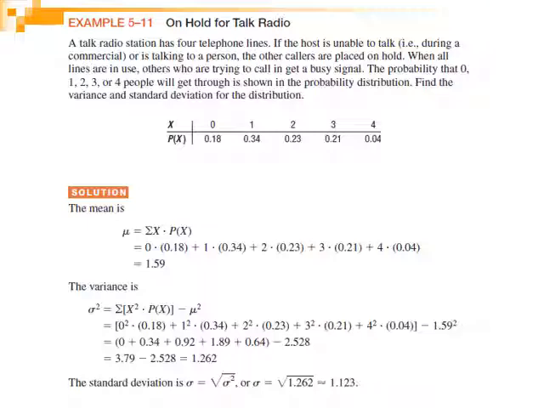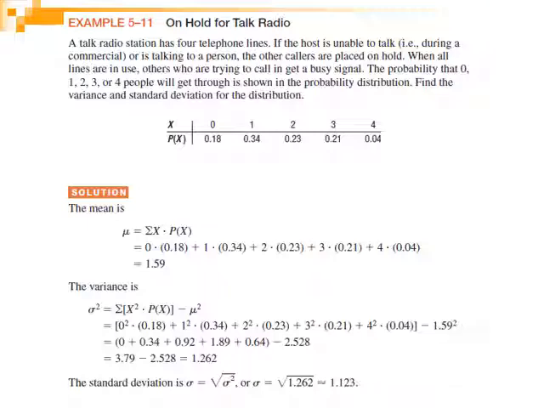Find the variance and standard deviation for the distribution. Here we have the table that represents each outcome and the associated probability. This example refers to a radio station that has phone lines, and maybe we call and find the line busy. So they want to know the variance and the standard deviation, maybe to take an action to increase the number of lines, but they have only 4 lines.